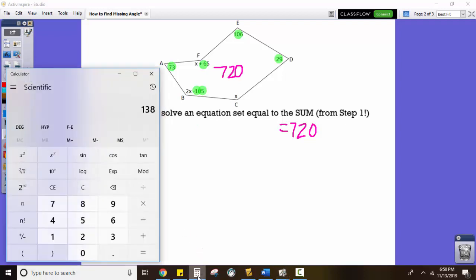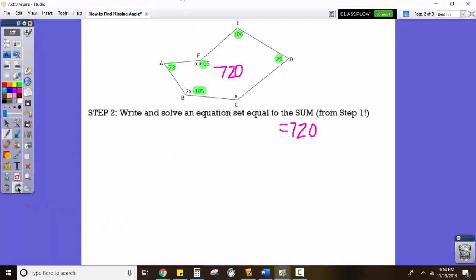I'm going to take my calculator: 73 plus 65 plus 106 plus 29 and then minus 105, because in front of the 105 up here is a minus. And that gives me 168. So I'm going to write 168.